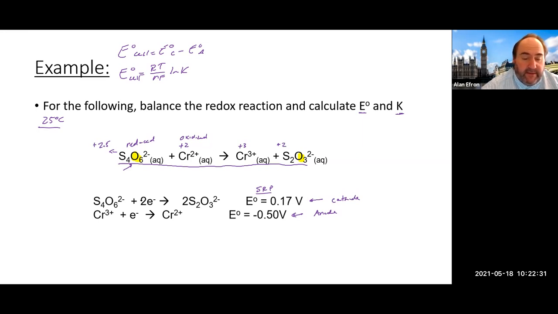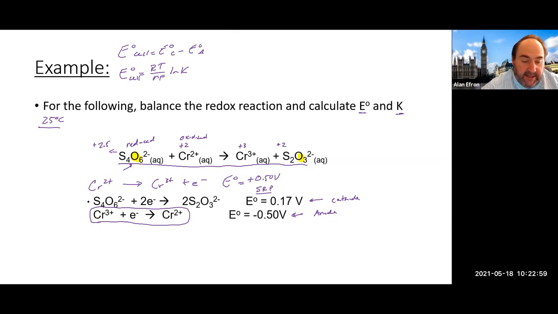But first off, we can do some of our balancing. A couple of things need to be done. First off, that means that this guy is the anode, which means this reaction needs to be reversed. So if I reverse that reaction, I get a Cr2+ that goes to a Cr3+ and an electron. When I reverse that reaction, technically my E in my cell would then become +0.50 volts.